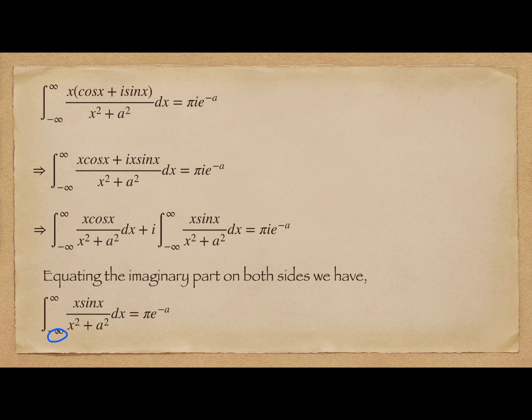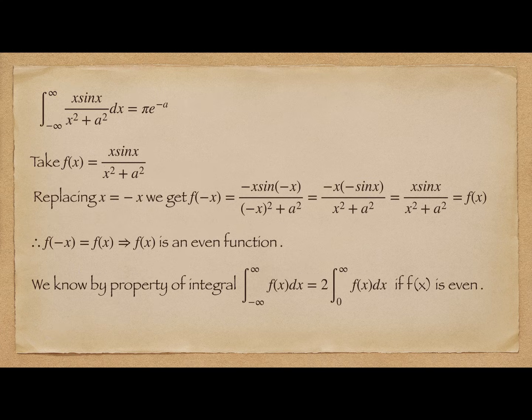Now still we need 0 here. So what should we do? You can see here we have a property. If you take this term as f(x), now you replace x by minus x at all these places. So f(-x) is (-x) sin(-x) by (-x) squared plus a squared, and sin(-x) is minus sin x. So minus x into minus sin x is x sin x, and (-x) squared is x squared, so you have x sin x by x squared plus a squared, which is equal to f(x).